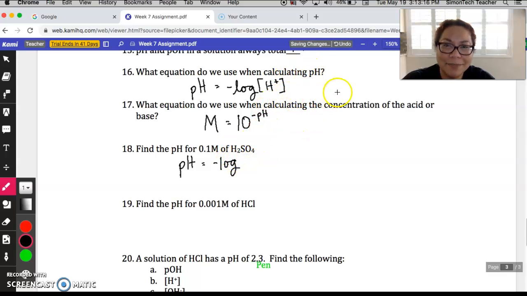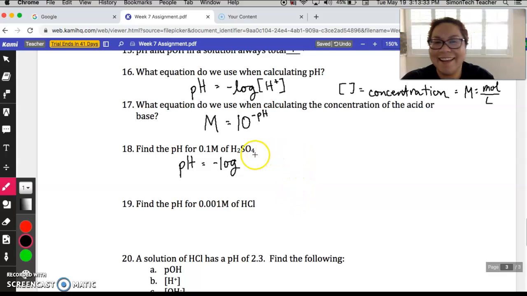Because you guys remember that these brackets stand for concentration. And concentration is also the capital M, which is also moles per liter. There you go, literacy in chemistry. Okay, so it'll be negative log times the concentration of your acid.